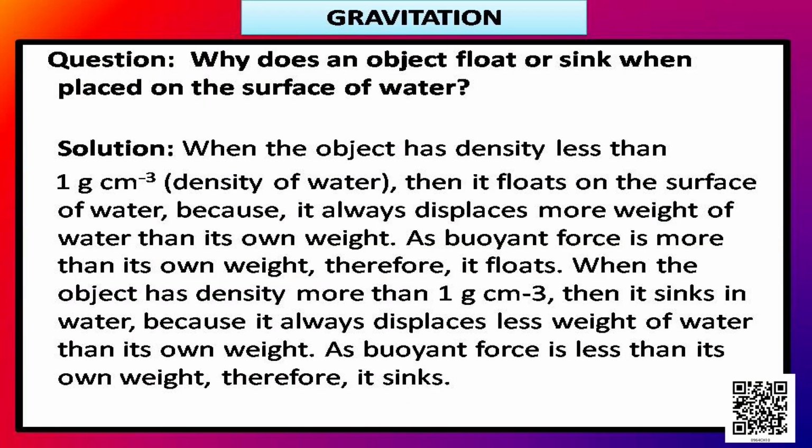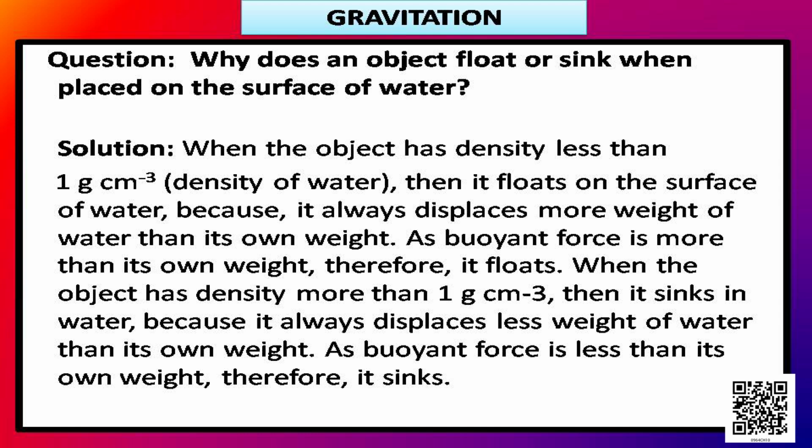The next question says, why does an object float or sink when placed on the surface of water? Okay? Let us now discuss the solution for this. Students, when the object has density less than 1 gram per centimeter cube, that is the density of water, then it floats on the surface of water because it always displaces more weight of water than its own weight.